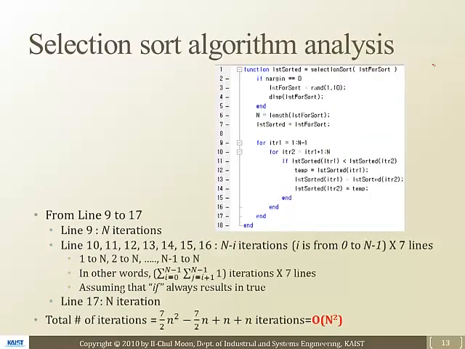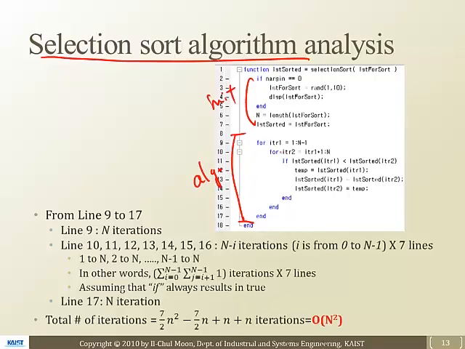So we have another example. It's a selection sort algorithm, which we already covered. Lines 9 to 17 are the substance of the algorithm, the actual algorithm, and this is the initialization. For line 9, we have n minus 1 iterations, and from line 10 to 16 we have 7 lines.